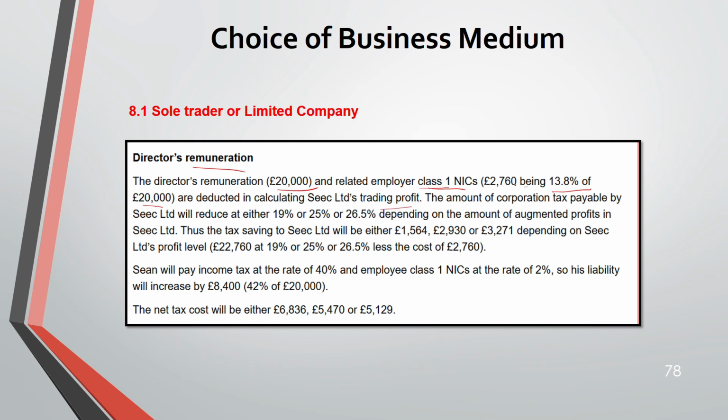This is 2,760 if you take 13.8% of 20,000. Now, the amount of corporation tax payable will reduce at either 19%, 25% or 26.5% depending on the augmented profit. We don't know, so the tax saving could be any of these depending on the profit level.